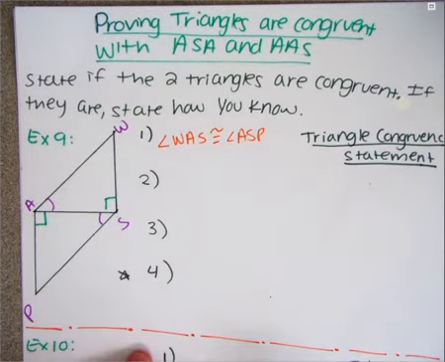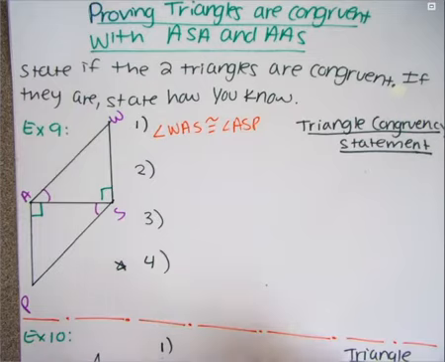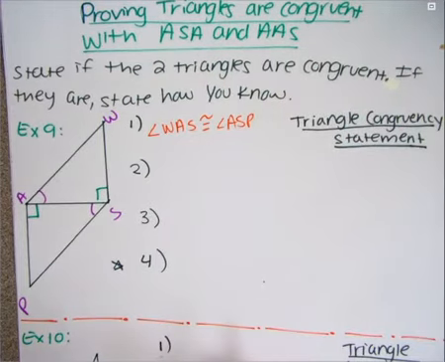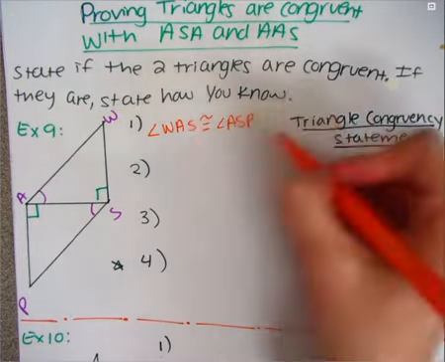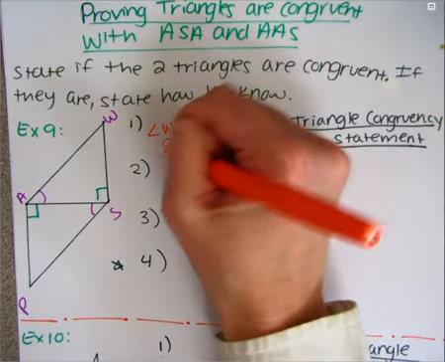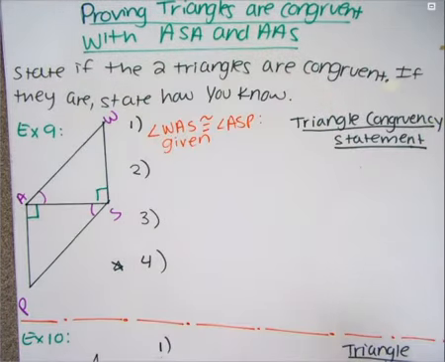Okay, I'm trying to sound out the words, but that's not a word, so I kind of failed. But anyway, the reason why I know they're congruent is because it's given to me. It was given.